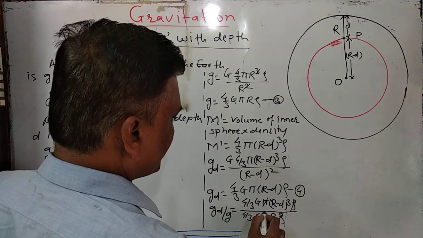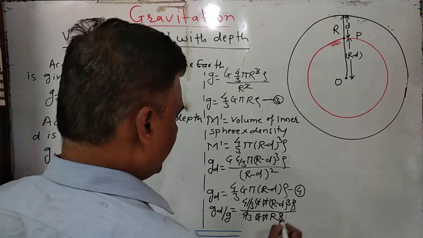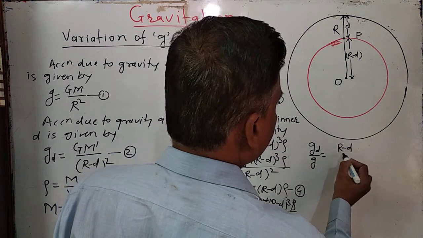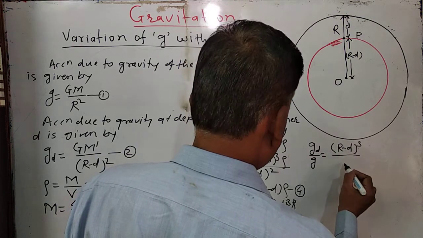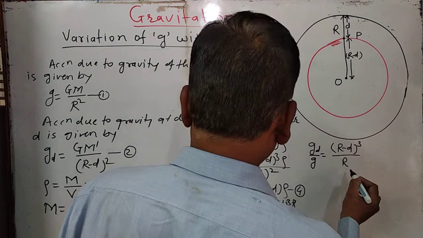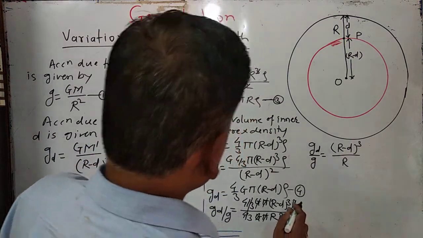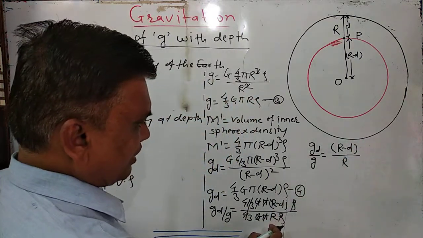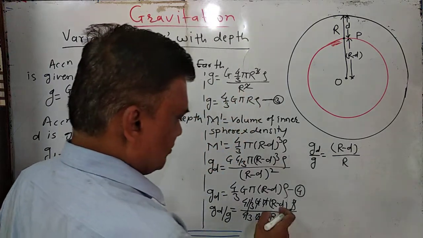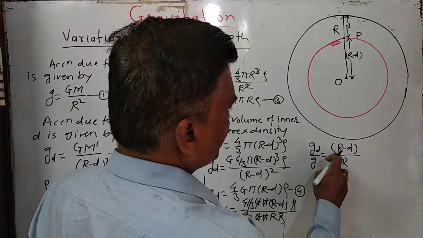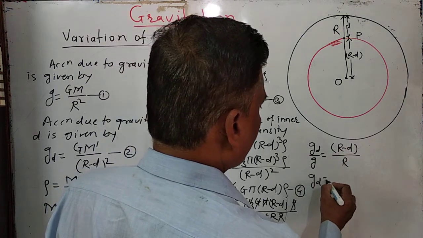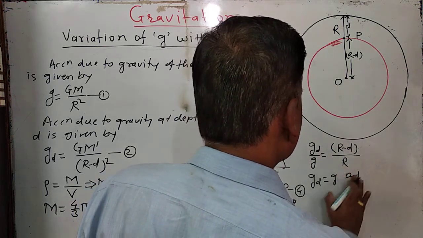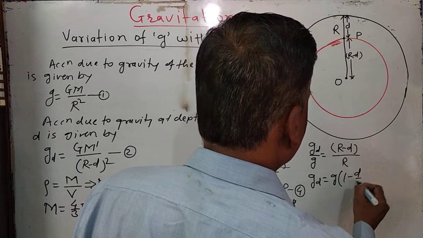Rho cancels, pi cancels, G cancels. Therefore gd upon g equals (R minus d) upon R. Therefore gd equals g times (1 minus d by R).